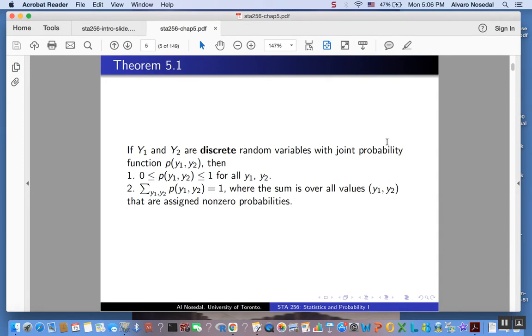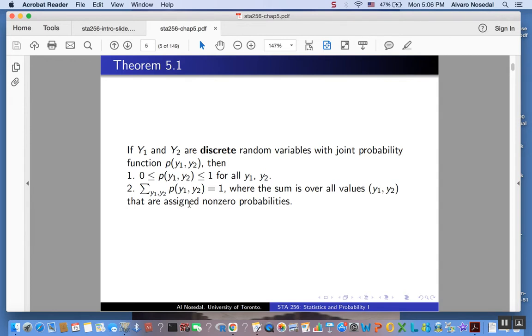So just like before, but now instead of evaluating that function at just one point, one point in the real line, now we have a point in the plane. We have two coordinates here, but the ideas, as you can see, are the same.